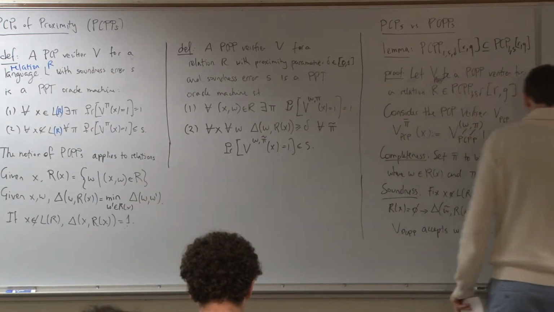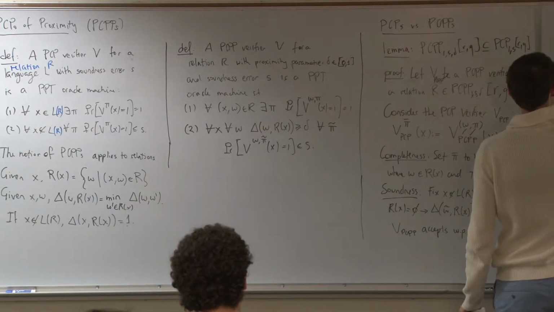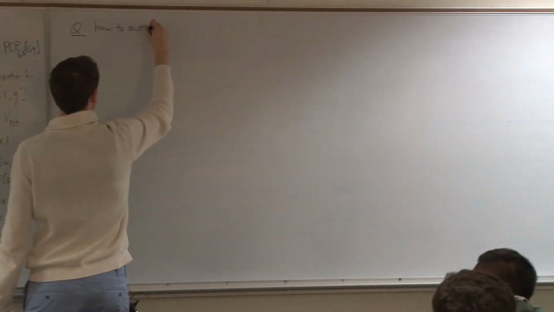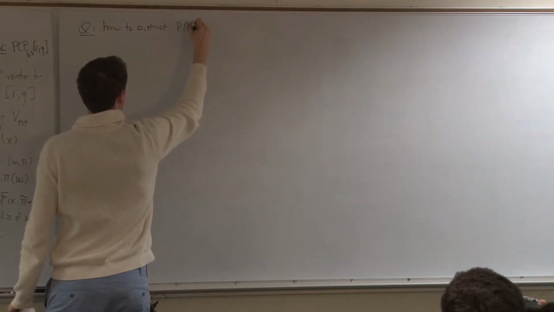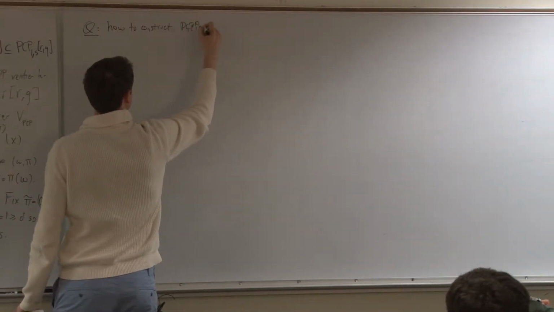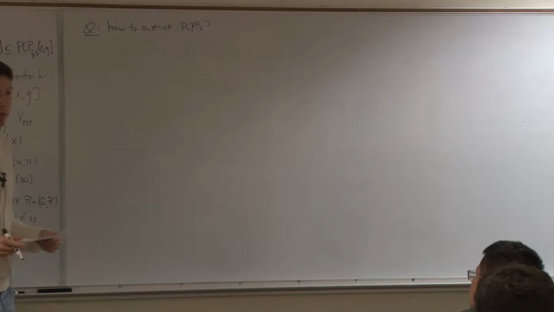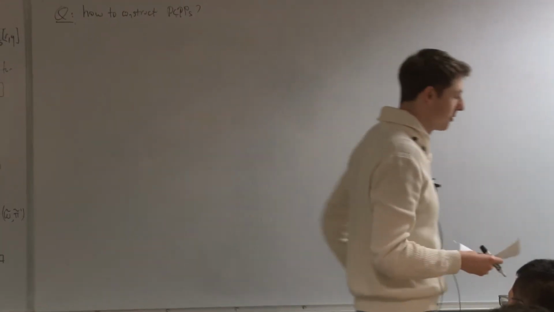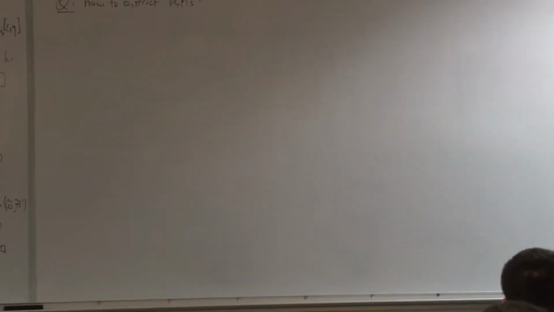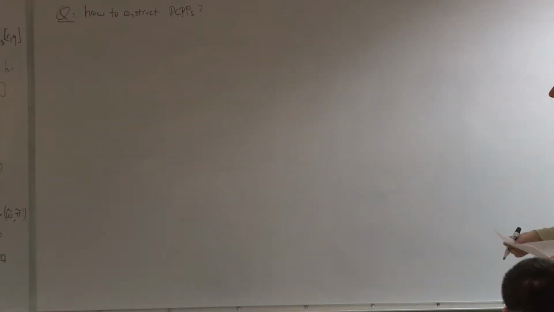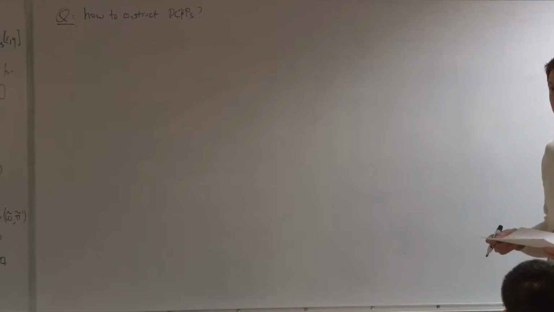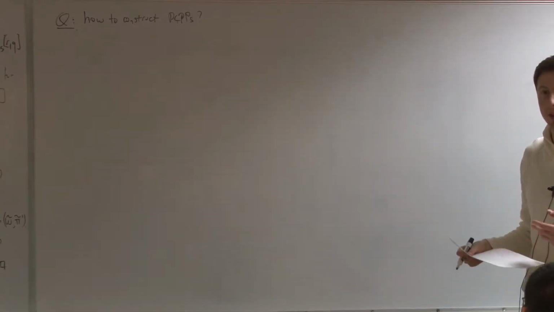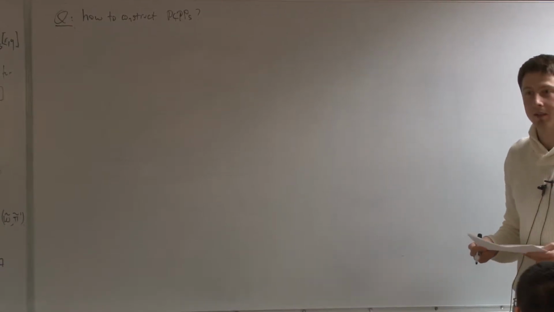All right, so the question we're going to answer today is how to construct PCPs of proximity. Okay? And we were spending weeks collecting tools to construct PCPs. It would be frustrating to have to go back to the beginning and try again with a notion that is only stronger, right?